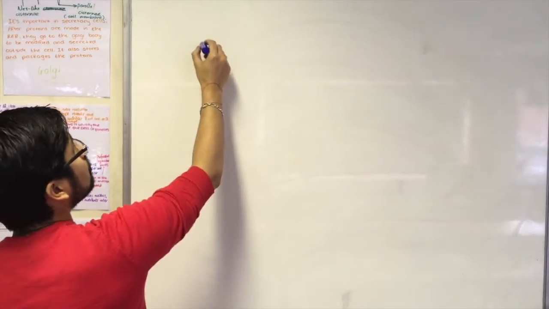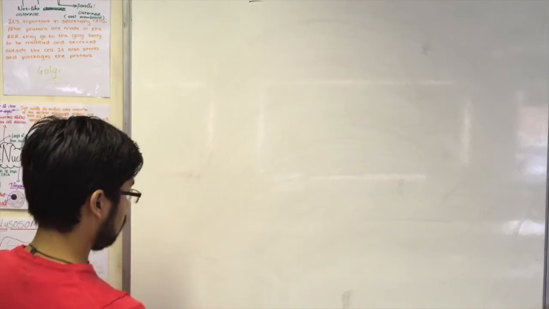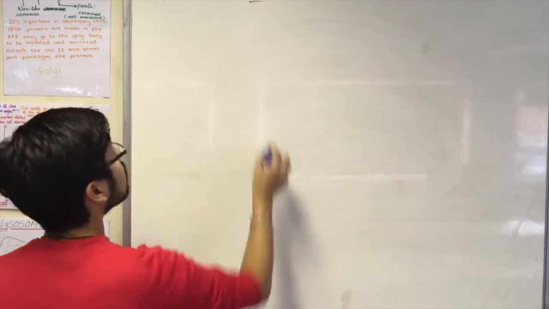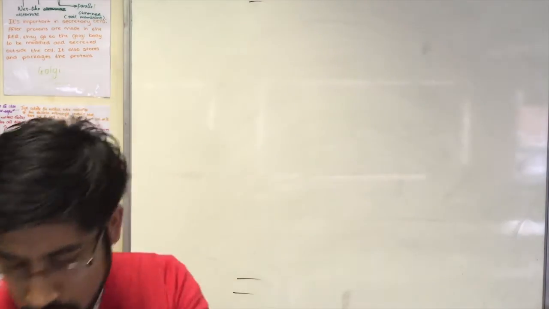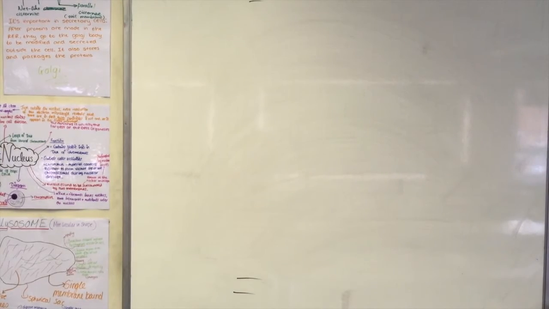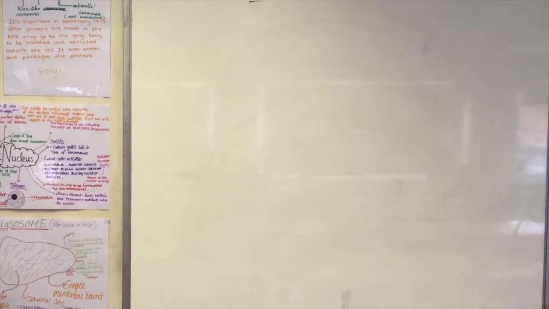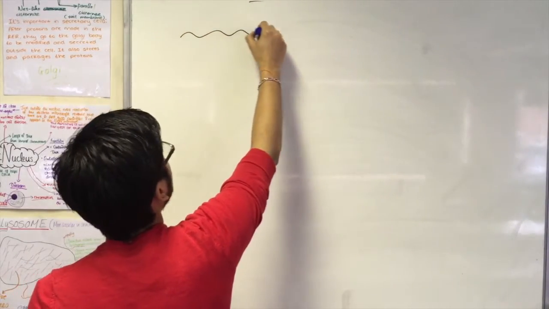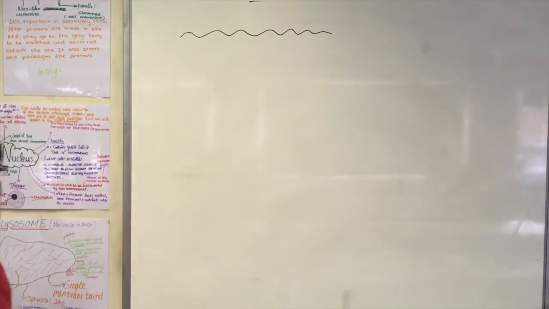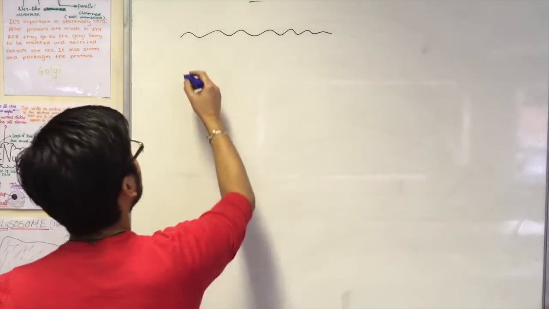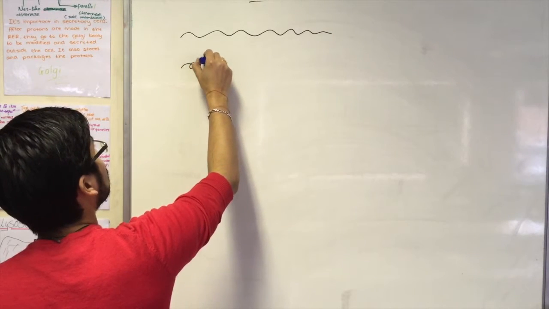So if we have a look at our polypeptide chain, this is what it started off like, okay? So it was just a chain of amino acids, but because of the secondary structure, we now have bits of it that are helix.